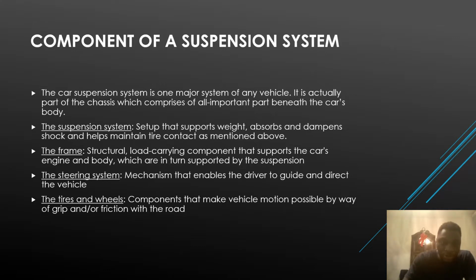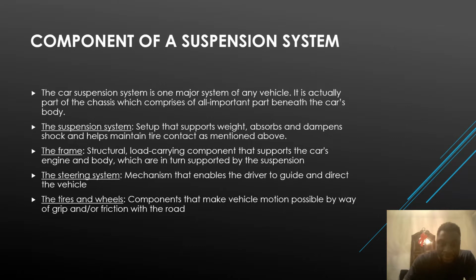So the suspension system is made up of the chassis. The bottom of the car has a suspension system that supports weight, absorbs and dampens shocks, and helps maintain tire contact as mentioned above. The frame: structural, load-carrying components that support the car's engine and body, which are in turn supported by the suspension.